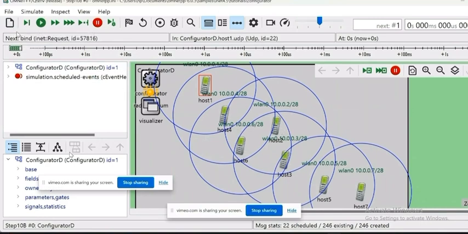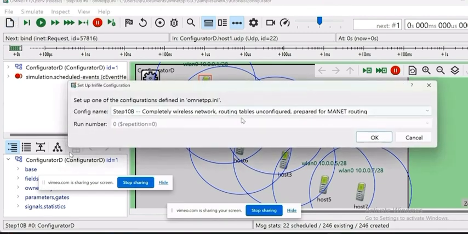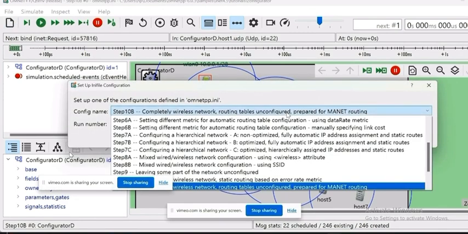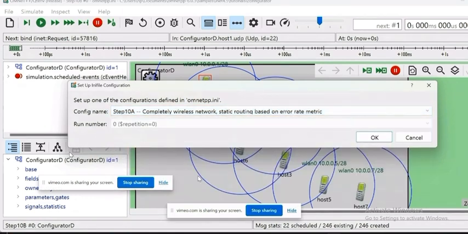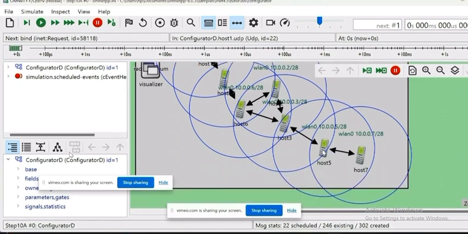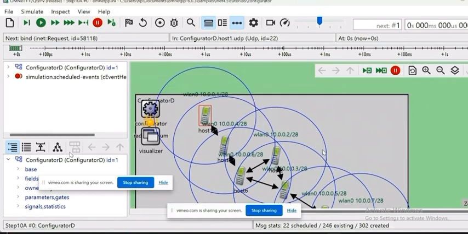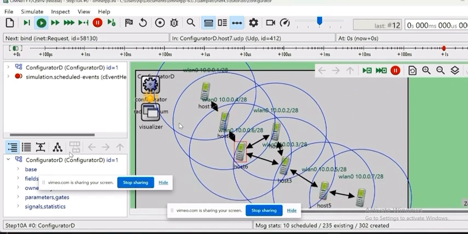And then finally, we have step 10A, which is also known as the static routing based on error rate, which you are going to see right now. Actually, step 10A configures the static route between the network devices based on error rate metrics, which means that it chooses the one with the lowest error rate.